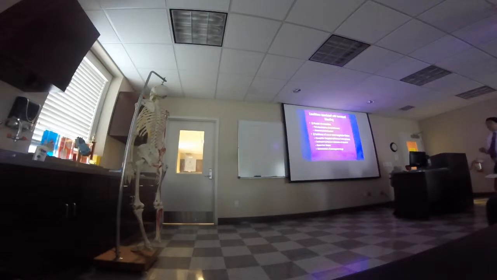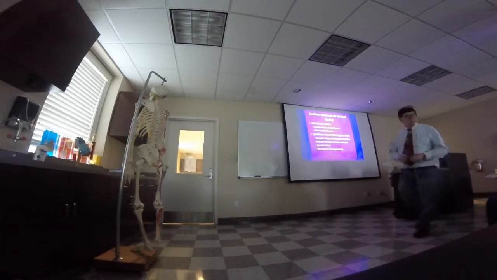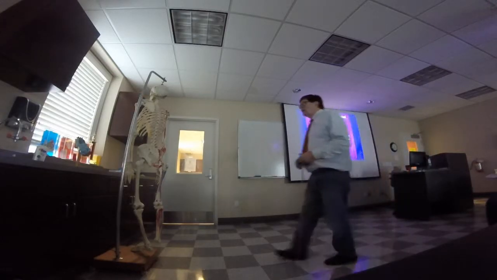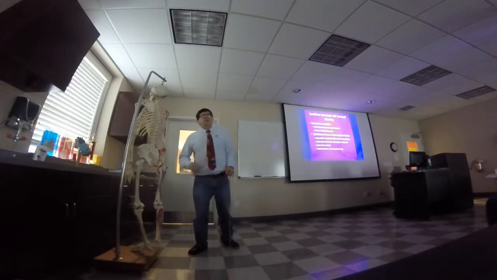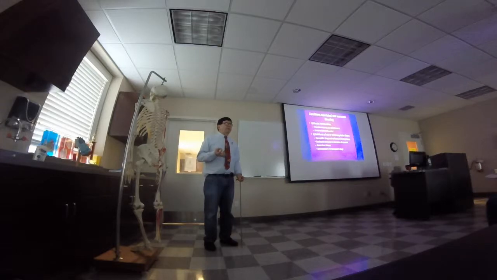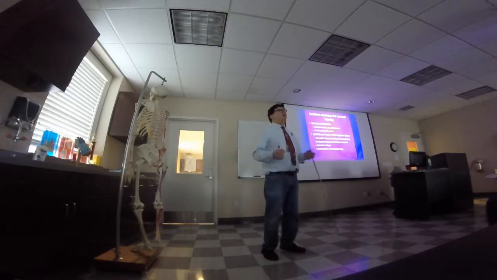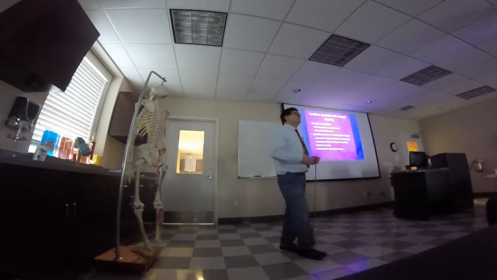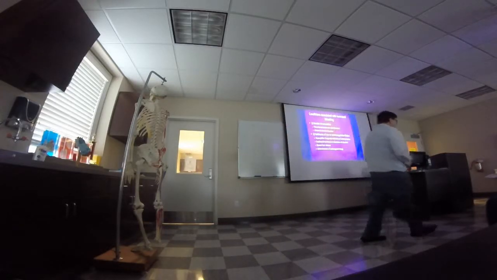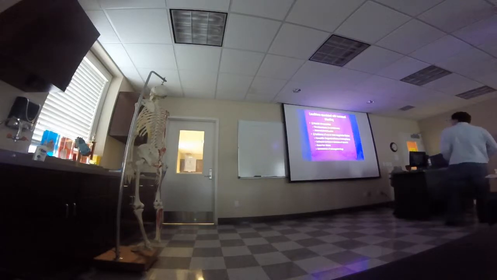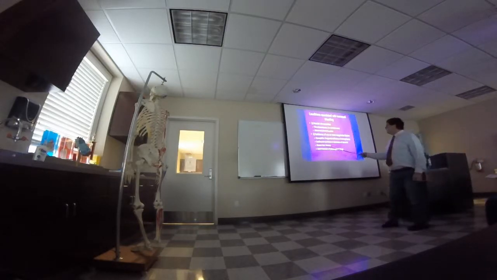Now, with respect to the clotting factors, we said that they circulate in an inactive form. The liver is the organ that's responsible for synthesis of almost all the clotting factors. So if you have severe liver disease, it can affect coagulation.